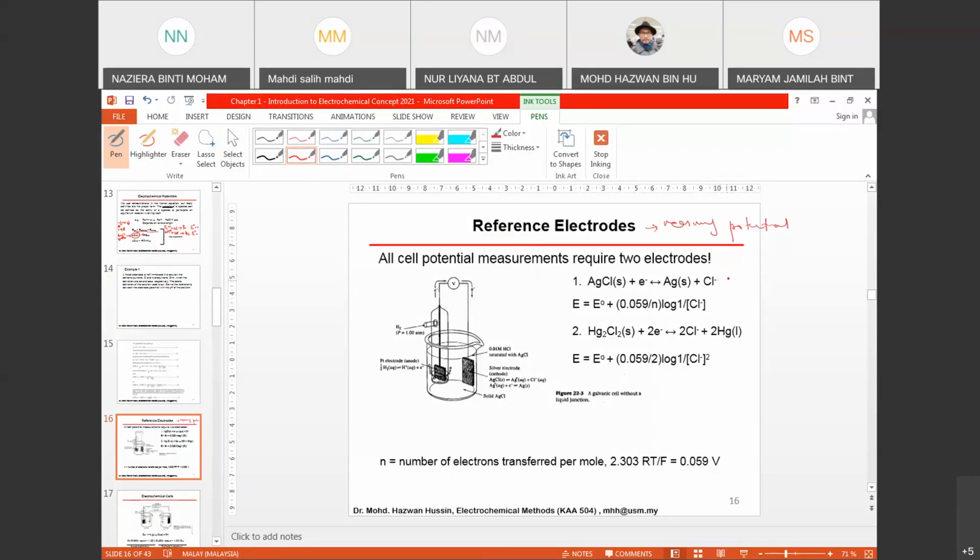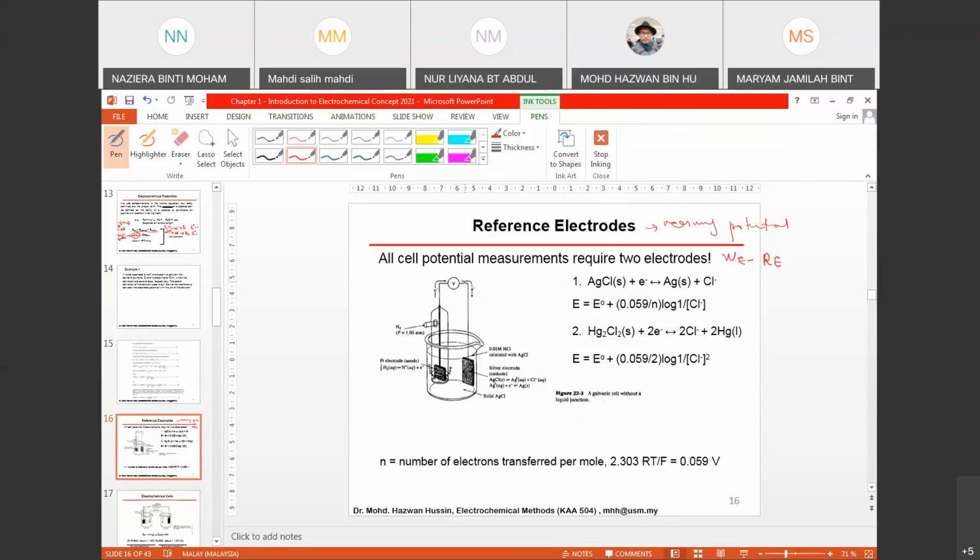It can be a working electrode and a reference electrode, or maybe you also need three, but at least you need two, because the working electrode will produce a potential, and this potential needs to be read by the reference electrode. So any measurement that wants to confirm the overall cell potential must have this pairing, working electrode to reference electrode.